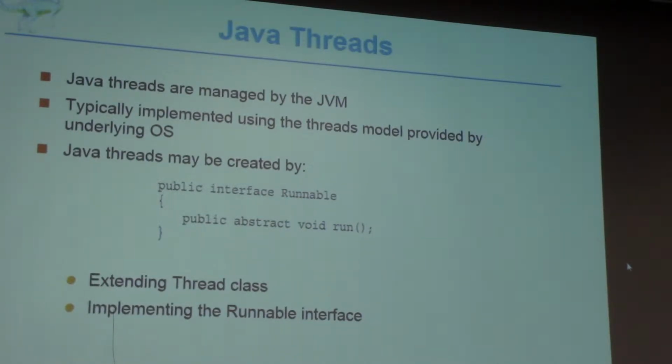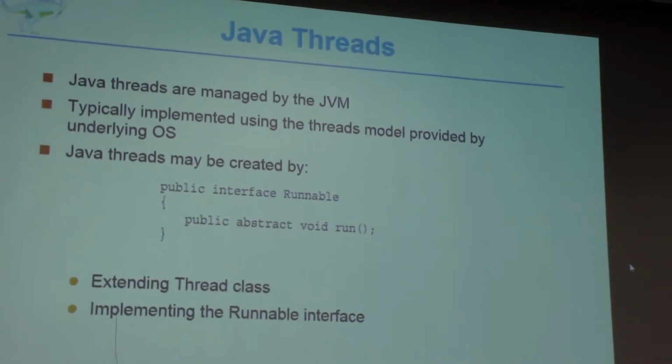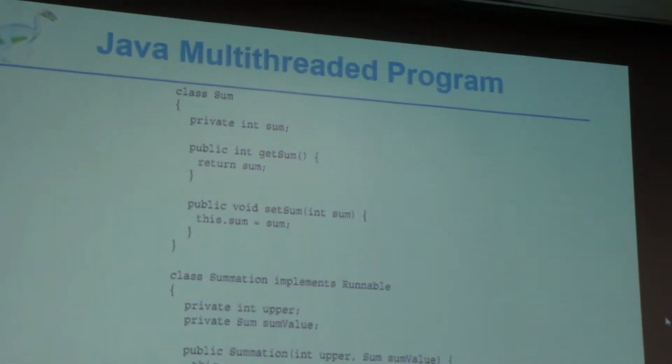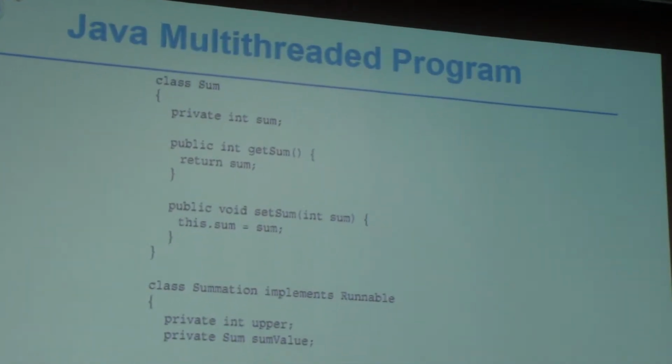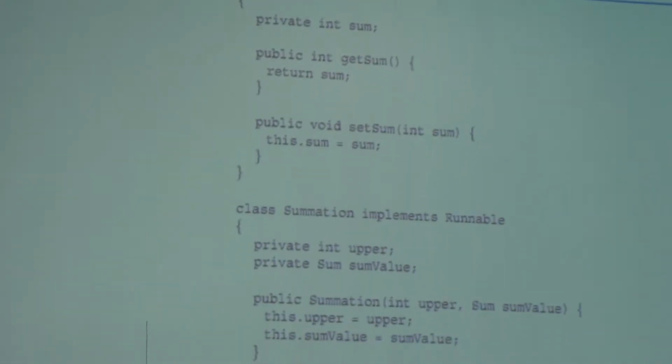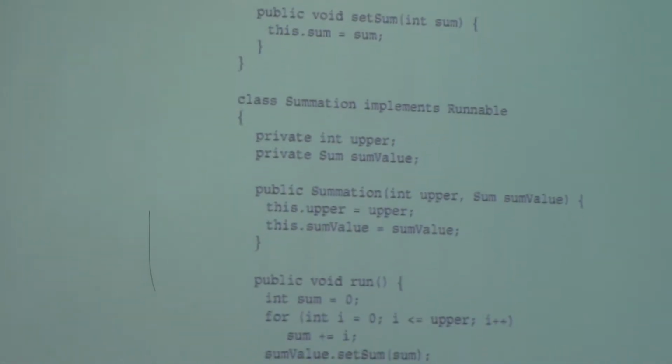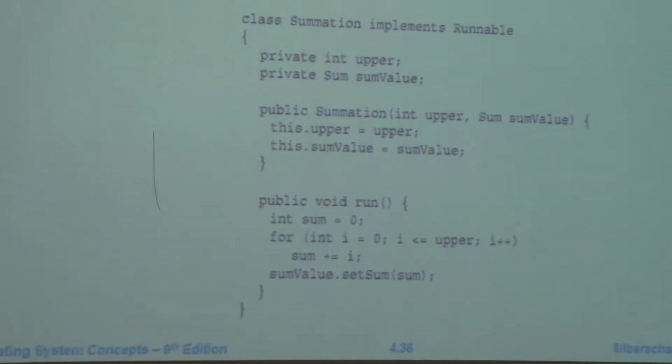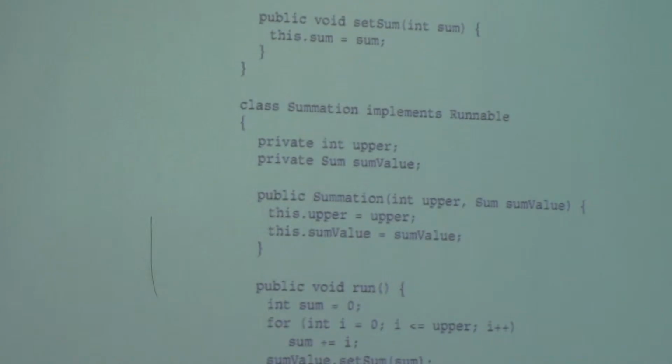There are two ways. You can create the Java thread by yourself, and we will see the example. Also, all Java program processes are actually based on threads; implicitly, they use the Java thread. For example, I'd like to write Java programming to sum up values. The next class is Summation, the implementation of Runnable, called Sum over there.